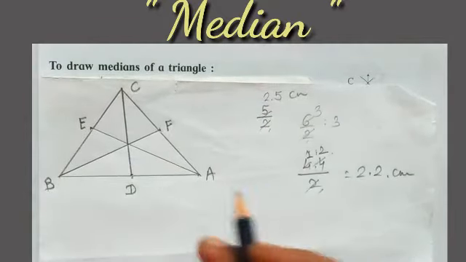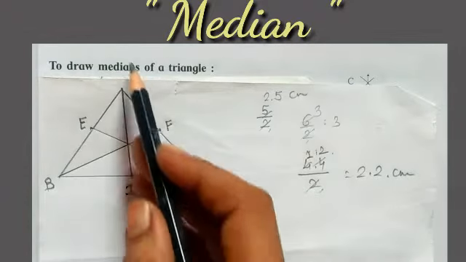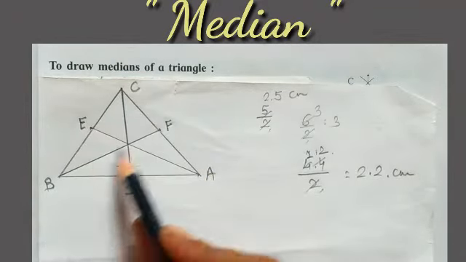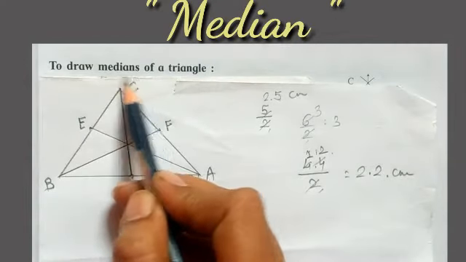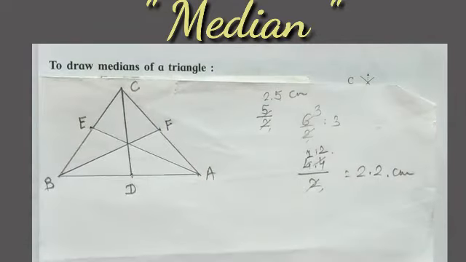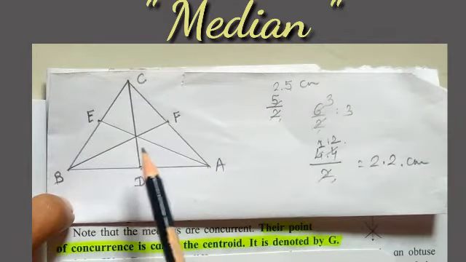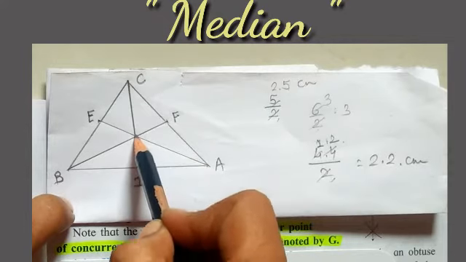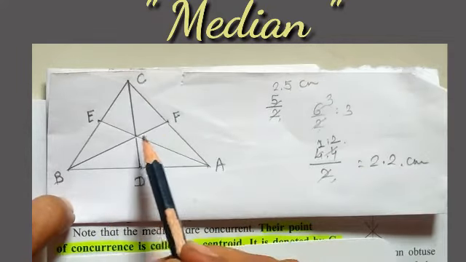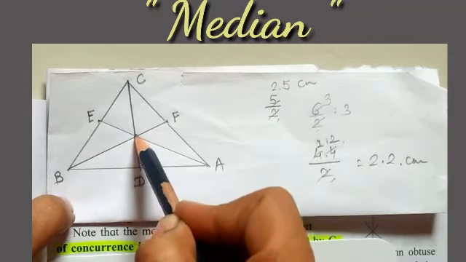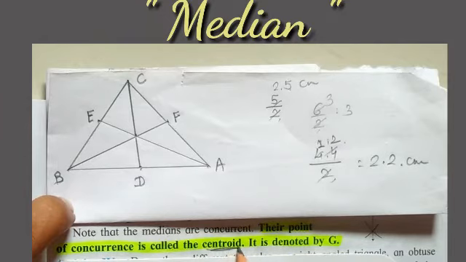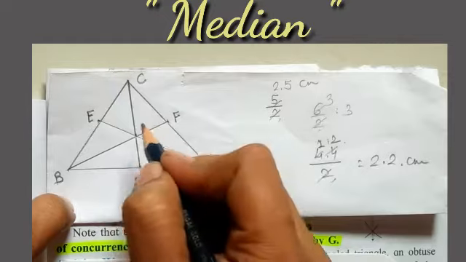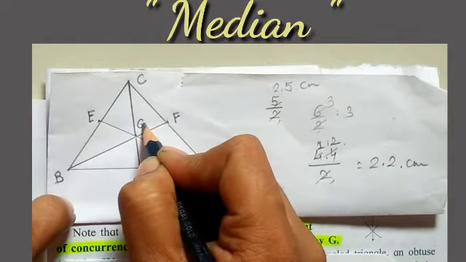So here in the triangle ABC, segment CD, segment BF and segment AE are the three medians of the triangle, and their point of concurrence is the point where all three medians intersect each other. So this point of concurrence is called a centroid, which we locate by the alphabet G. Got it, students?